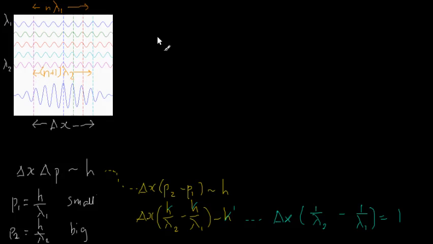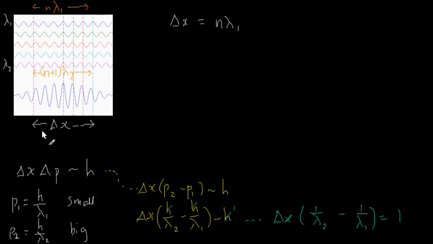Okay, so let me write this out. So we have that delta x is equal to n lambda 1 from there.